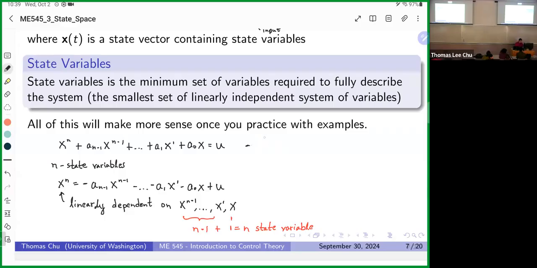This is related to something called the Cayley-Hamilton theorem, for you math nerds out there. Basically, it's just saying that this has n state variables where the highest derivative is dependent on all of the lower derivatives. And you'll hear about the Cayley-Hamilton theorem in 547. Any questions?